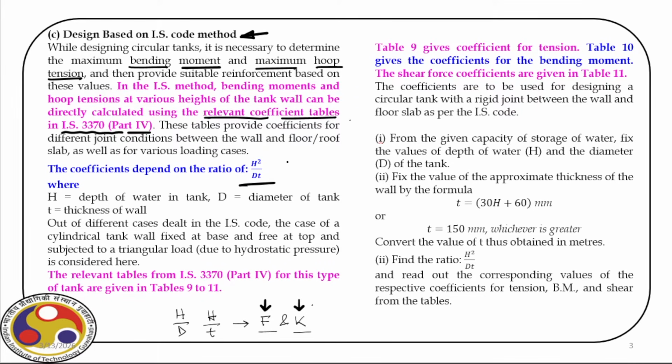So as usual, we will first fix the H, that is the total height. Then based on the capacity, we are going to find out the diameter, and we have an empirical expression for the thickness of the wall.